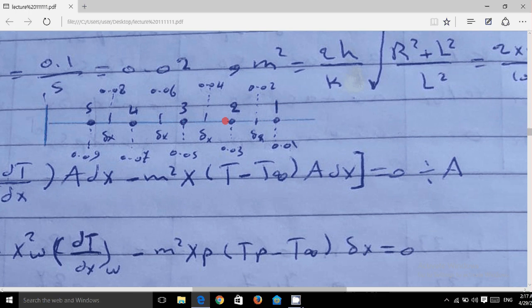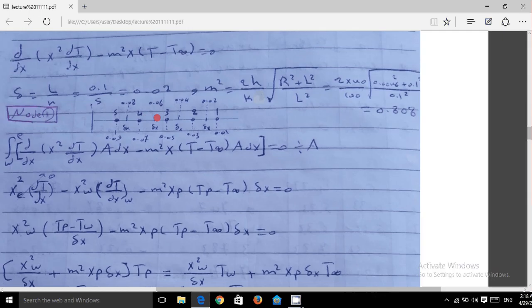It's node 1. What is the node that is at west? It's node 3. The same way, node 3. What is the node that is at east side? It's node 2. What is the point that is at the west side of node 3? It's node 4. So you write it node 4.